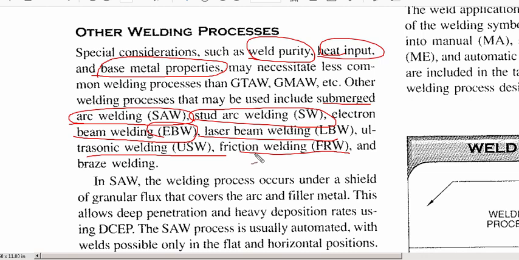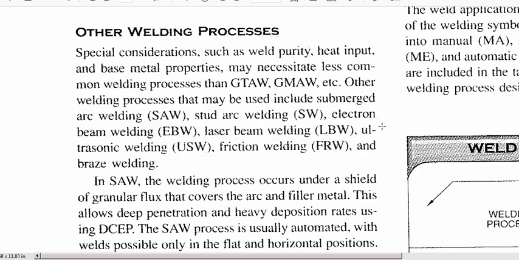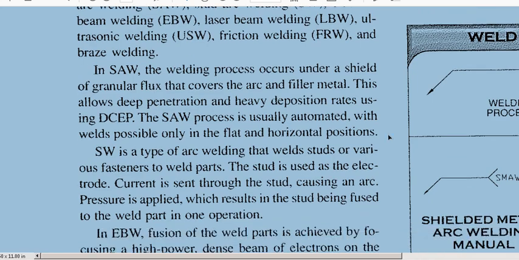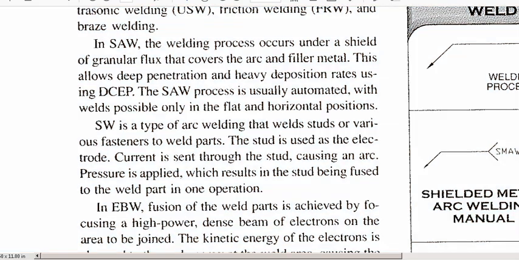These processes are not uncommon, they're just not necessarily part of the mainstream lot of applications. So let's take a look at these. In submerged arc welding, the arc occurs under a shield of granular flux that covers the arc and the filler material.